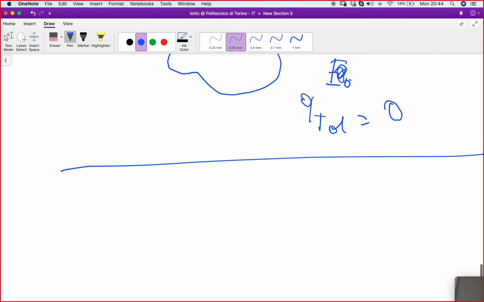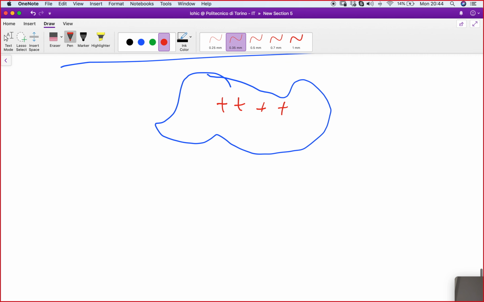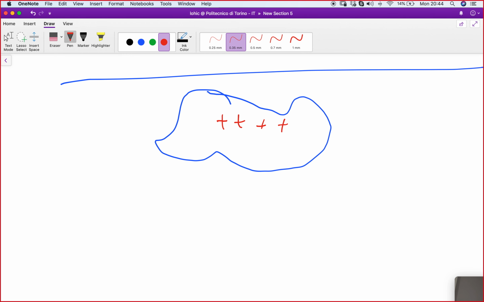But now I take the conductor, and if I put some excess charge on it, some positive charge like this. Is that clear? What will happen to this positive charge?